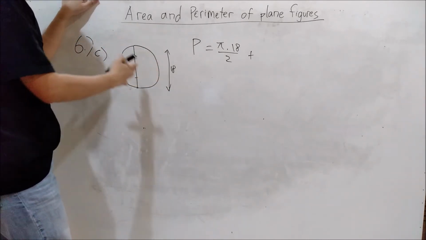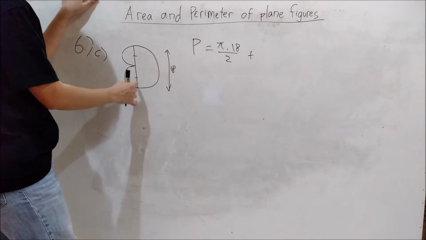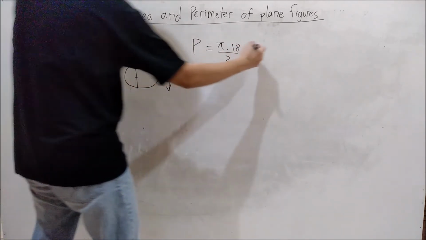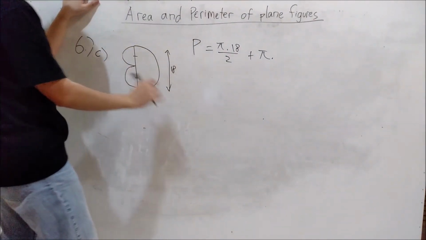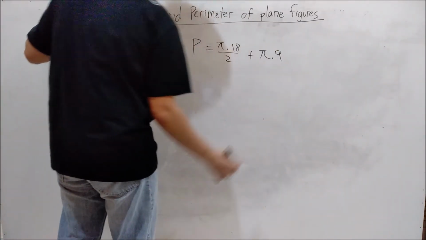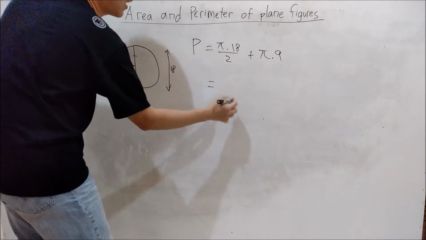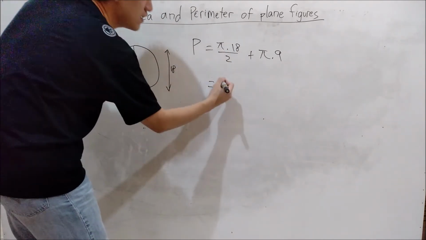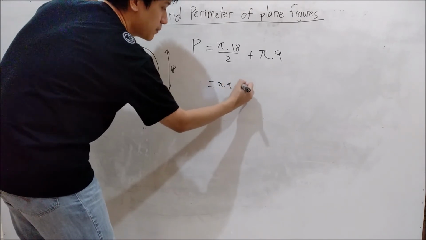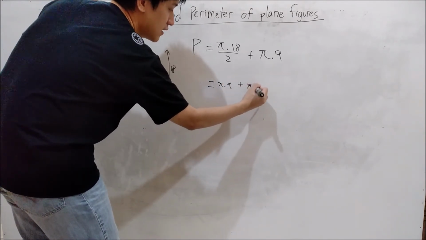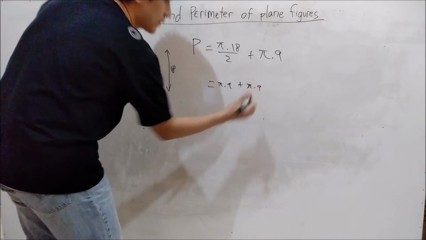So instead of going with the semicircle, I will just assume one circle. So it will be pi times d. The diameter of the small circle will be 9. And then you will have 18 divided by 2, 9. So you will have pi times 9 plus pi times 9.